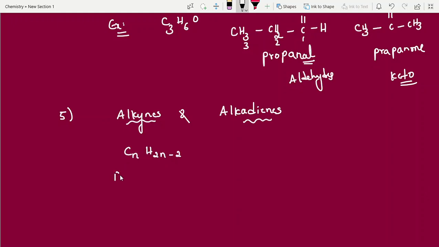Now what is this example? Okay, C3H4. First write the alkyne. CH3, how many carbons? 3. Okay, now see, between the second carbon and the first carbon, we have a triple bond.